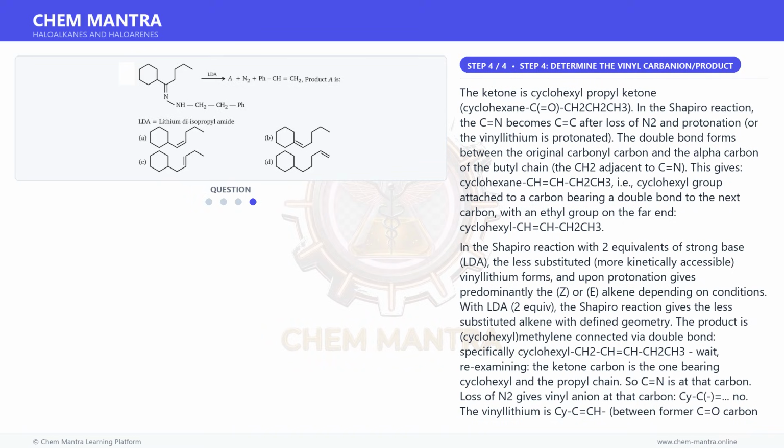Option C shows E configuration of the same carbon skeleton as A. Shapiro with LDA gives Z-alkene preferentially. Option D shows a terminal alkene, which is not consistent with internal double bond formation. The Shapiro reaction with the given substrate gives the Z-internal alkene as in option A.